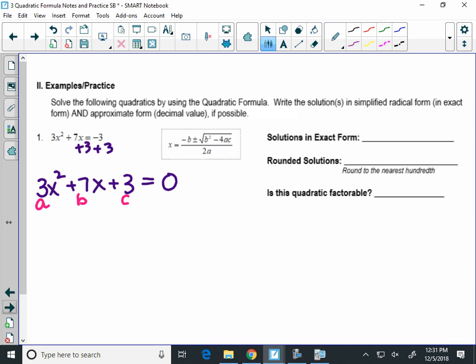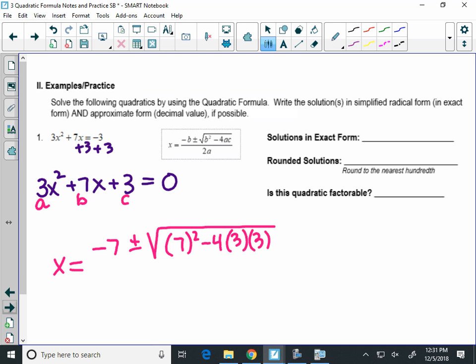So I want you to take a second and put everything into the quadratic formula here. So take the opposite of b, so negative 7, plus or minus. And remember, under the radical, everything goes in parentheses. 7 squared minus 4 times 3 times 3.